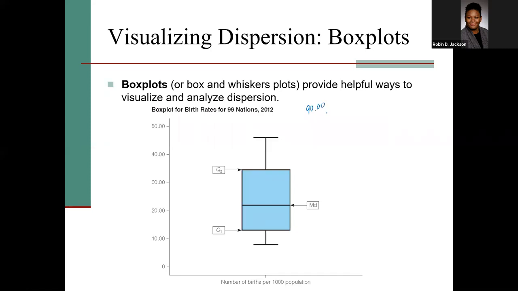That would be an outlier, okay? Because it falls outside of the whiskers on the box plot. These are the whiskers right here.